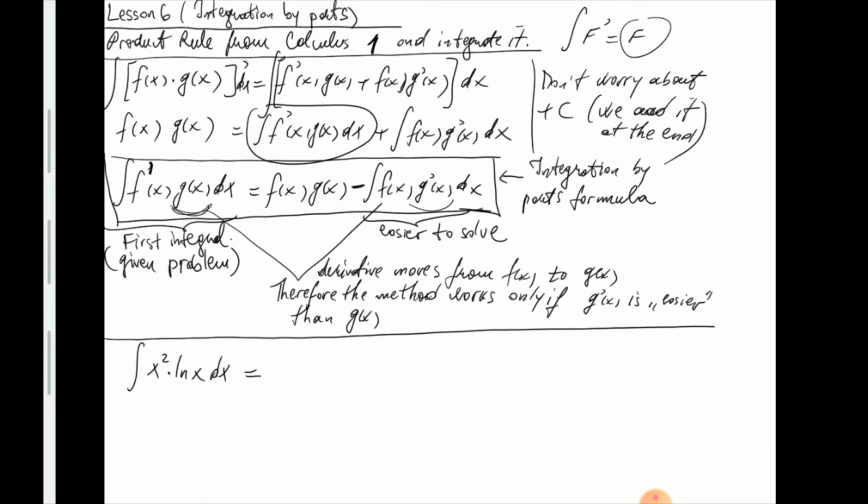Why is that? Well, if you think of ln of x as your g of x, now here I purposely arranged it to follow x squared. It doesn't have to be that way. It can be in any order here. But if you look at ln of x as your g of x in the integration by parts formula, you can anticipate that g prime of x being 1 over x is going to be an easier function to deal with, especially because it's combined with x squared, and that's essentially a power.